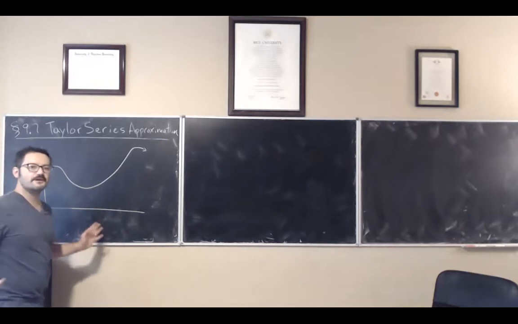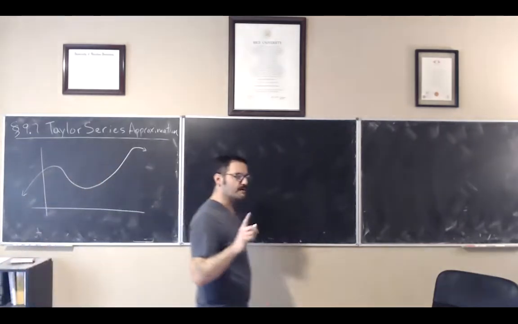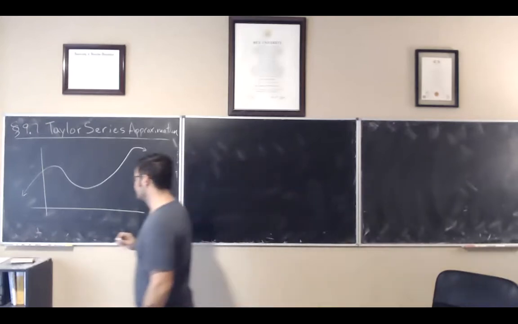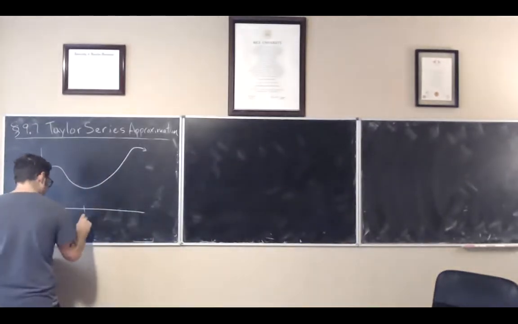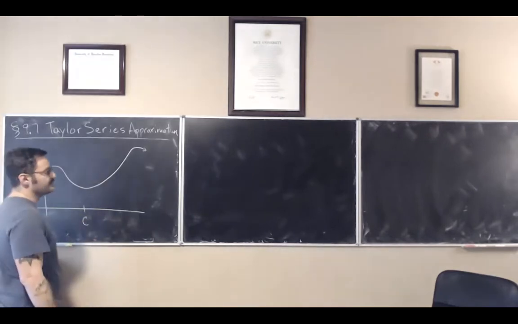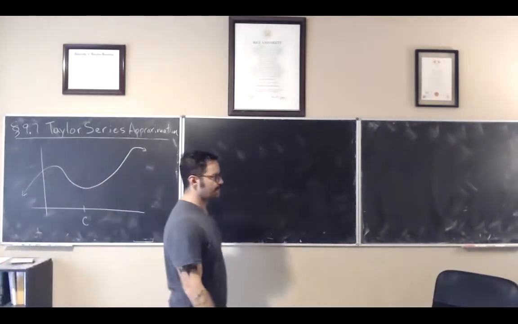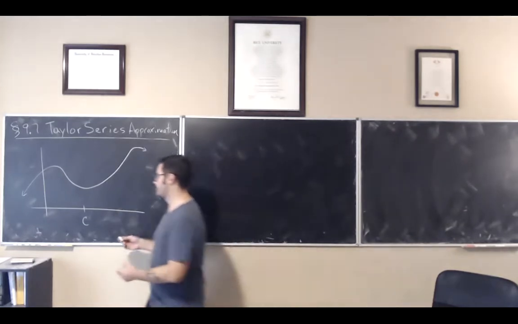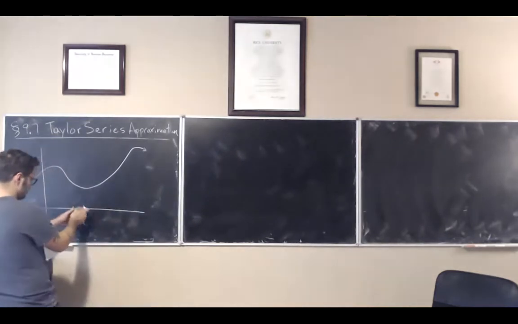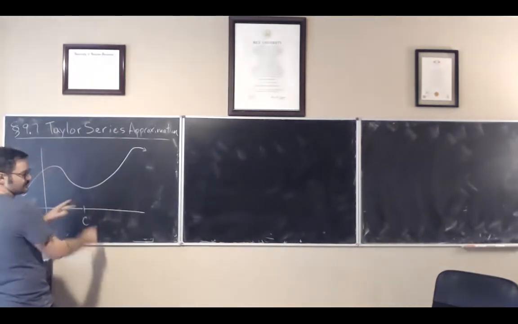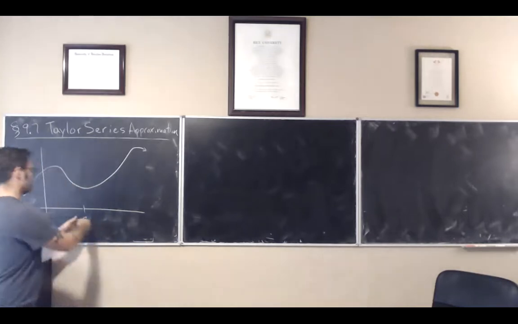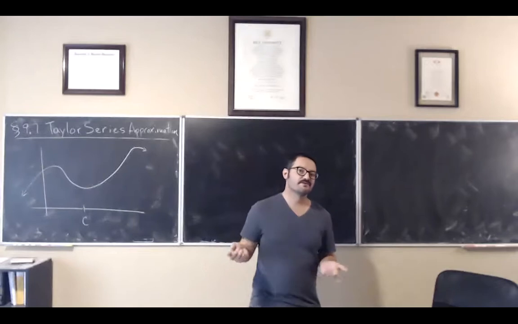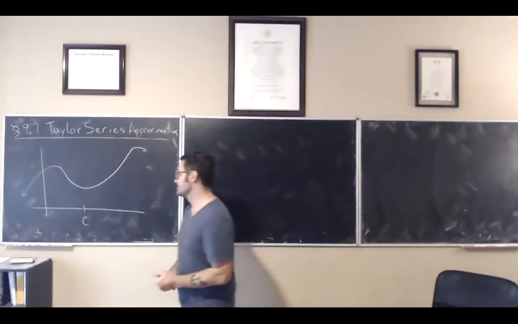But we know the local behavior around some value c. Suppose we don't even know around c, we just know the function's behavior at c, and we happen to have information about its derivatives.